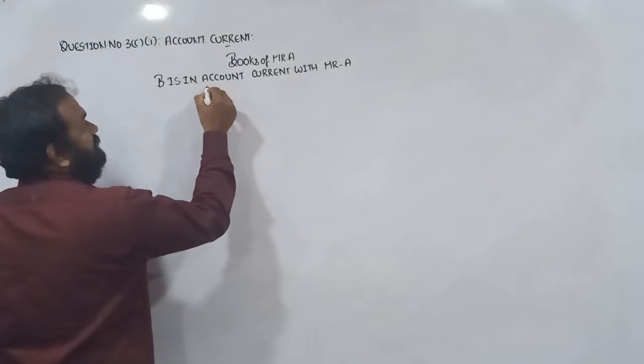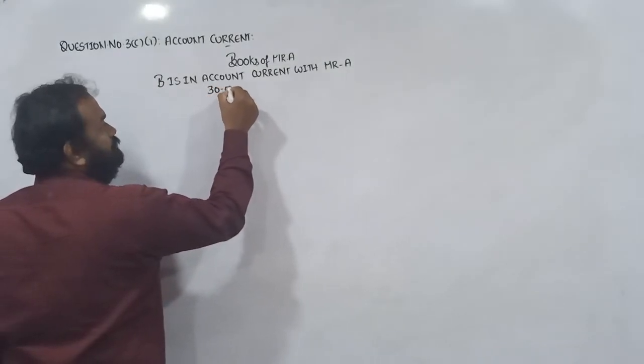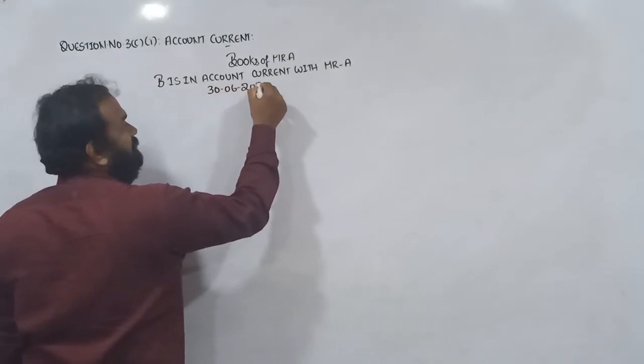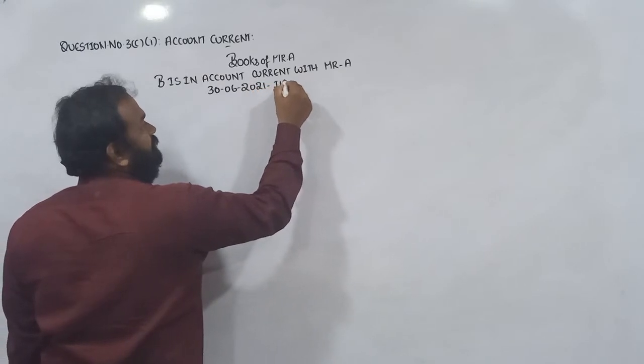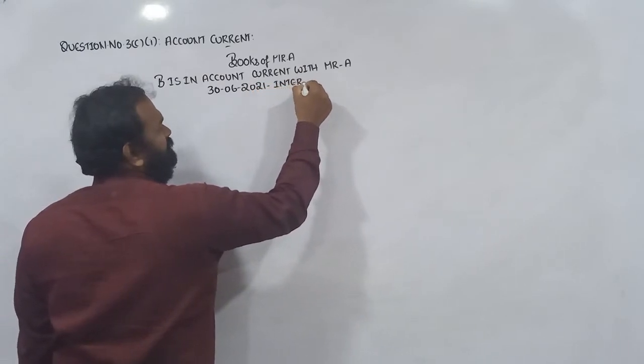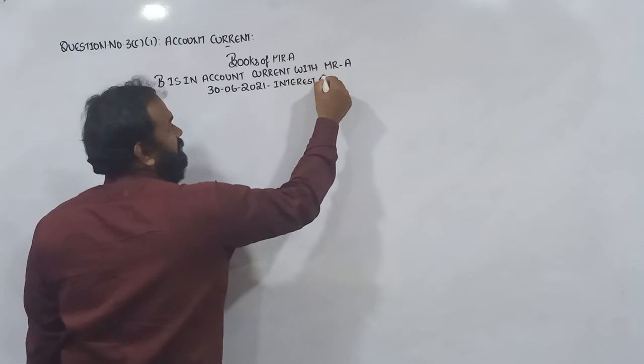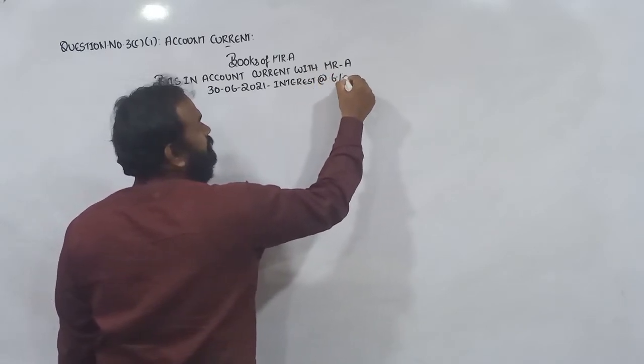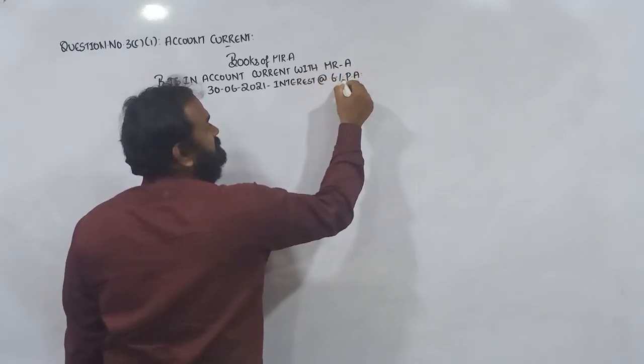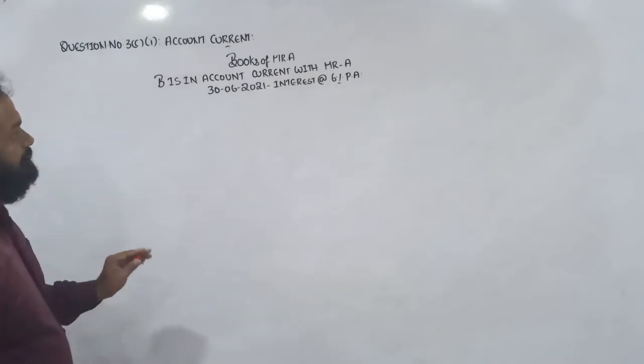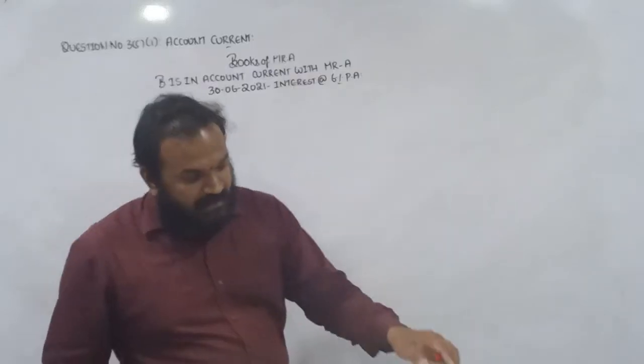So date 30th June 2021. Interest at the rate of 6% per annum. First, let us fill the format.